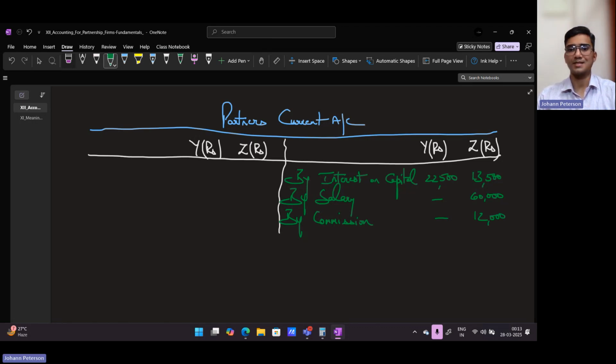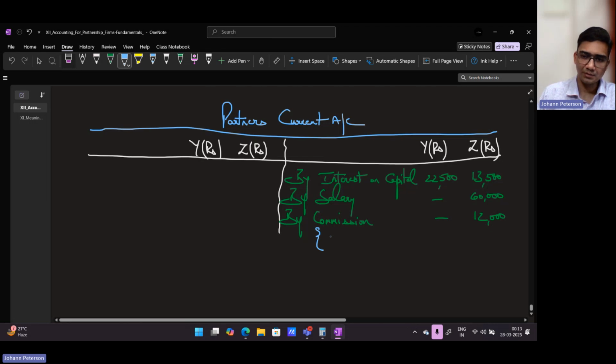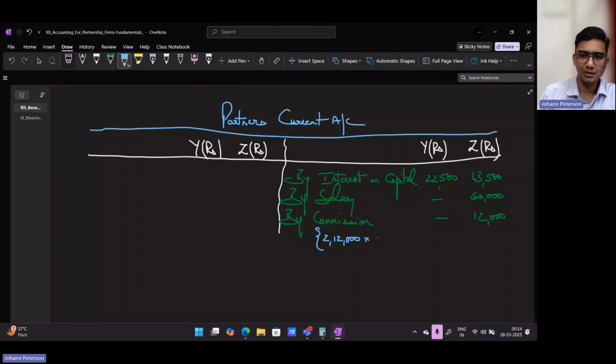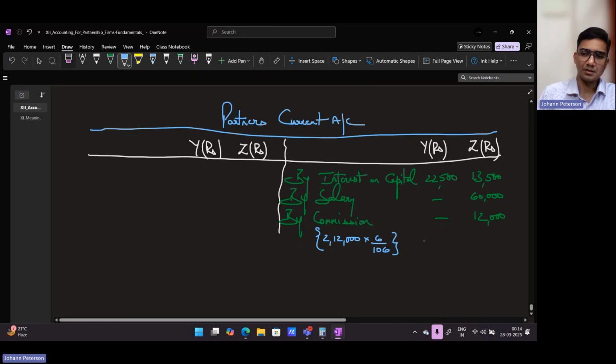Okay, so this is just like we had done in class 11. We can write this down as well here. So my commission, we are just calculating it and showing. So it will be on 2,12,000 into 6 upon 106. So this is the amount which is coming here.